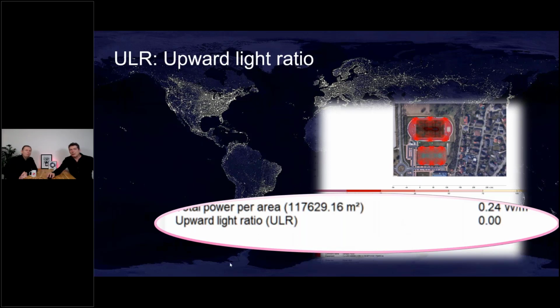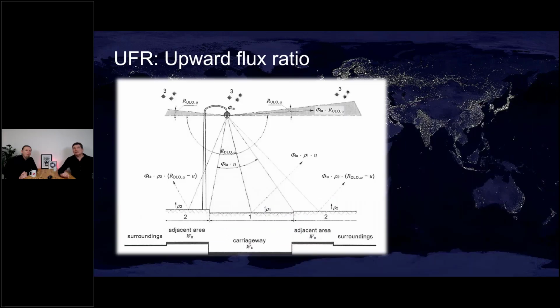But more interesting for the future will be the calculation of the UFR, the upward flux ratio. The upward flux ratio also includes the direct part from the luminaires as described, but also the reflections from the ground surfaces as well as from the facades and so on in the scene.